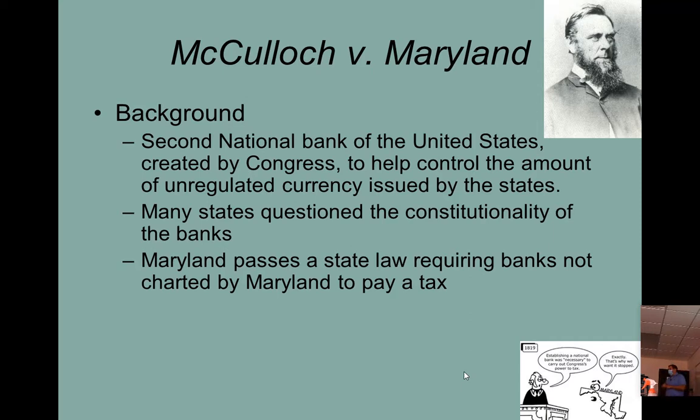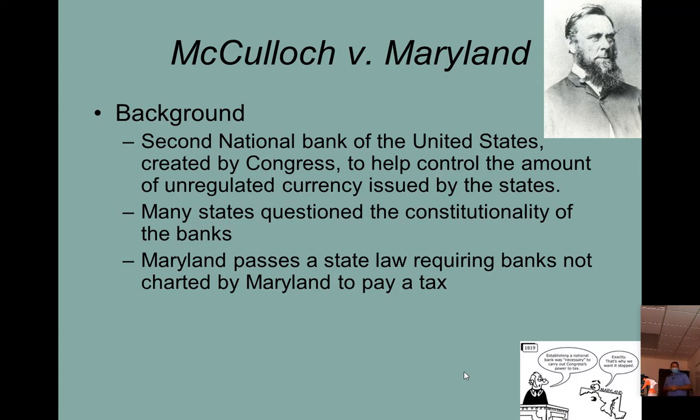And some people felt the purpose of the tax was to destroy that bank, to get rid of the bank. So Maryland passes a state law requiring banks not chartered by Maryland to pay tax. James McCulloch, who is the cashier of the Baltimore branch of the U.S. Bank, the National Bank, refuses to pay it. Says, I don't have to pay it.